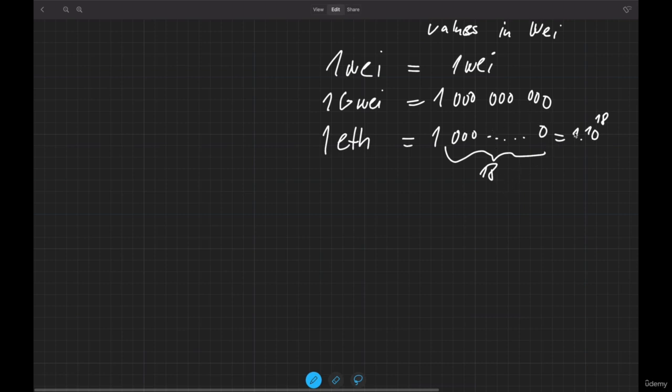I don't need to multiply it by wei, that's just 10 to the 18th. So those are basically the denominations of ETH, because transaction fees are usually very low.